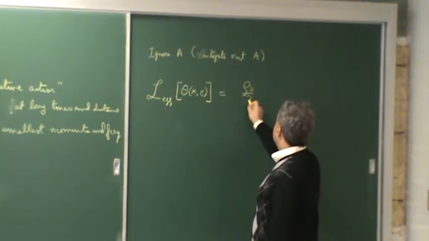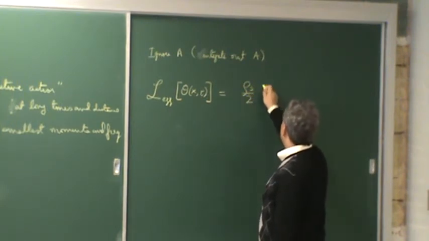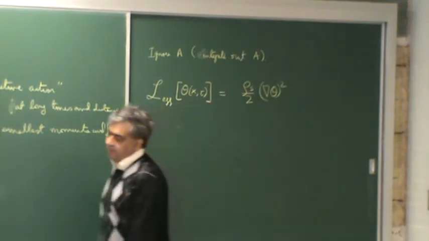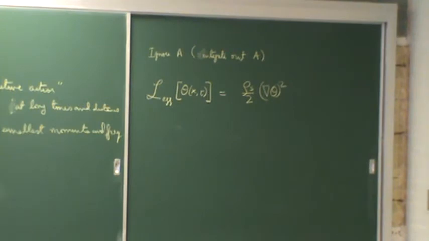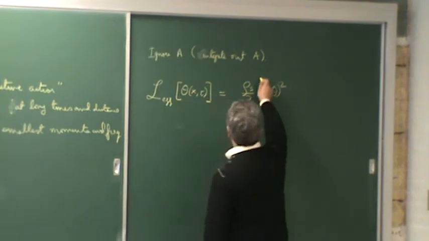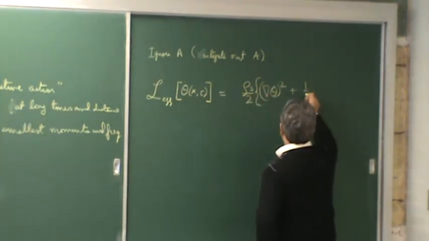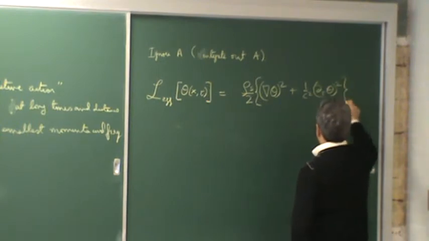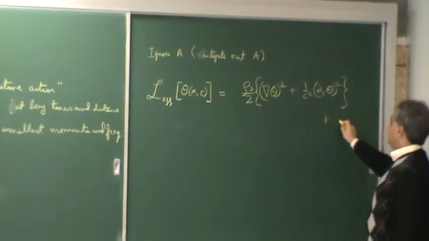We call it rho s over 2 grad theta squared, plus 1 over c squared, plus higher gradient terms.